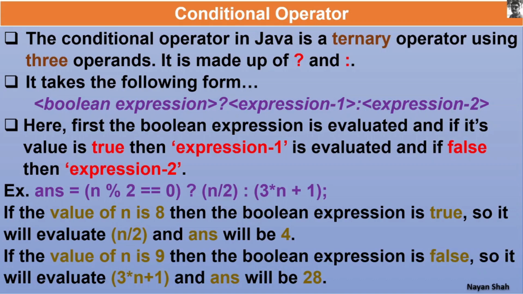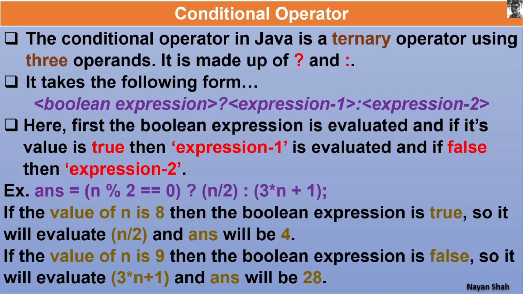If the value of n is 9, then 9 % 2, the remainder is not 0, the remainder would be 1, because 9 divided by 2, 2 4s are 8, 9 minus 8 is 1. The modulo operator, the percentage operator, gives you the remainder. So the remainder is not 0, and the Boolean expression n % 2 == 0 is false.